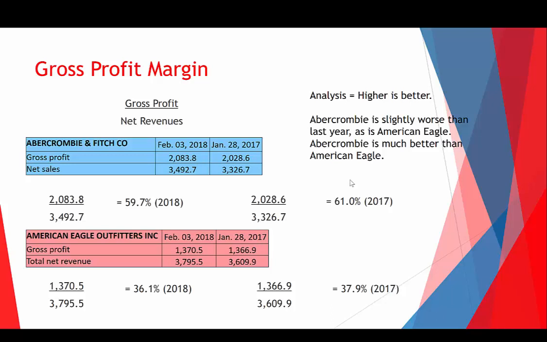So if they're not marking up their goods as much, they're going to be cheaper in the eyes of consumers, and they're probably going to sell more of those goods is what's going to happen. So they're going to try to make their money having higher turnover, we will say, or more people buying stuff every day than A&F is going to. So we'll see that with a future ratio. And actually, we kind of saw it there with net income as well, where they had a much higher change in net income. Yep, absolutely.